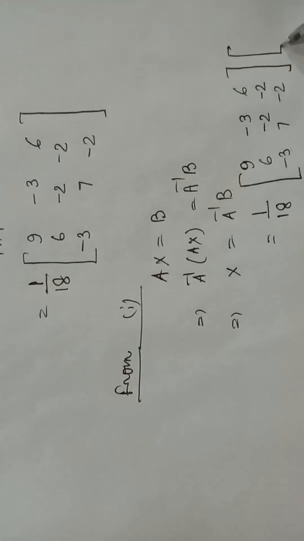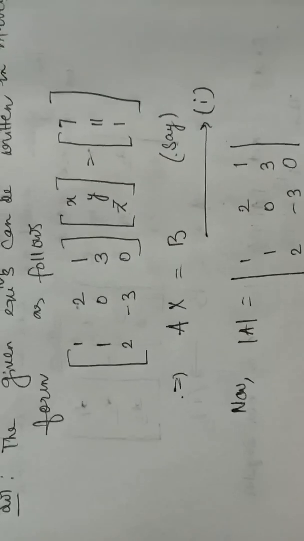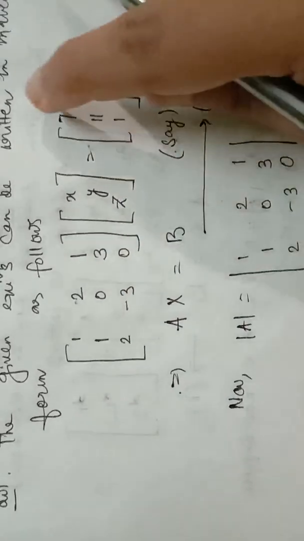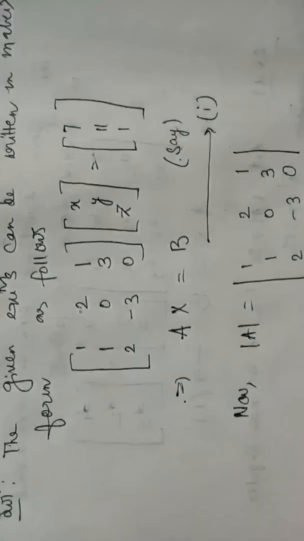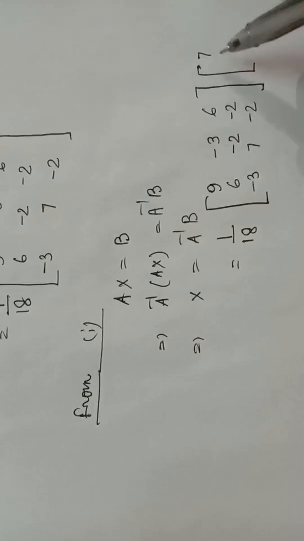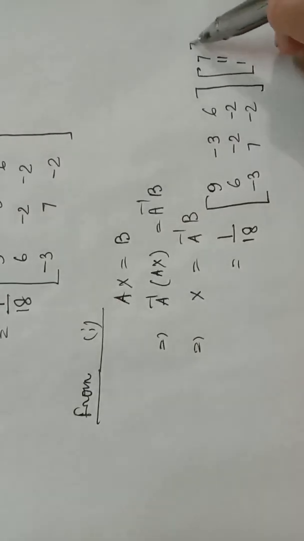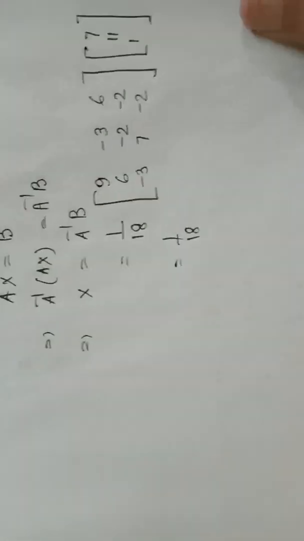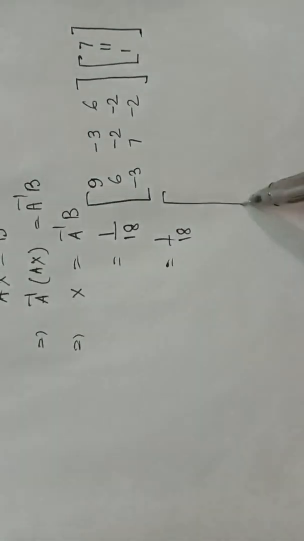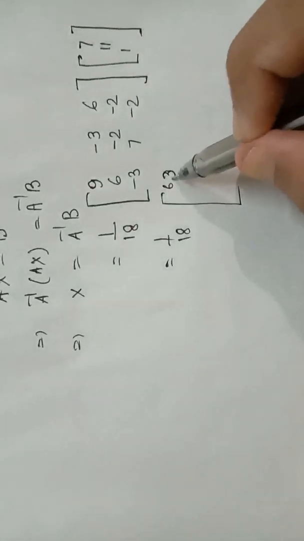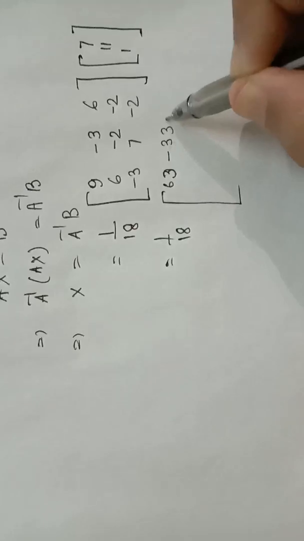And what is our matrix B? Matrix B is actually the right hand side. You can see AX equal to B. The matrix B is 7, 11, 1. If we multiply these two matrices, first row into first column we get 63 minus 33 plus 6.